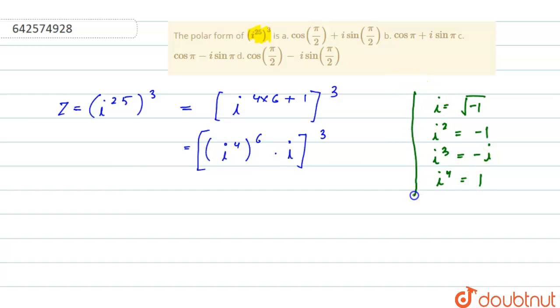So we will use these over here. So i to the power 4 is 1, and 1 to the power 6 is 1, into i to the power 3. So this will become i cube. So we get z equals i cube, and i cube is minus i. Now we have to find the polar form of z equals minus i.